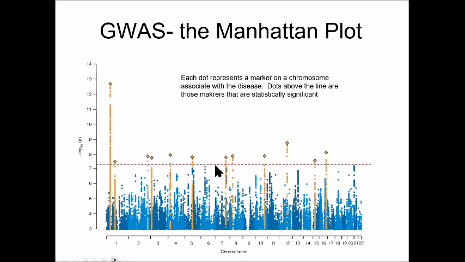And the red line indicates where they are statistically significant. So we can see here 1, 2, 3, 4, 5, 6, 7, 8, 9, 10, 11, 12 loci, 12 spots on chromosomes are associated with the disease, and many of these have hundreds of SNPs that could be contributing.